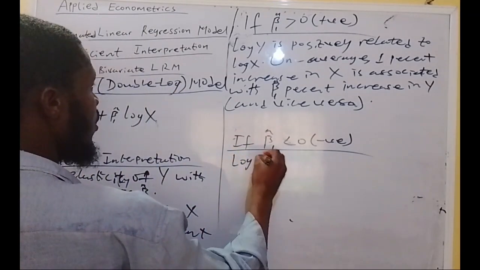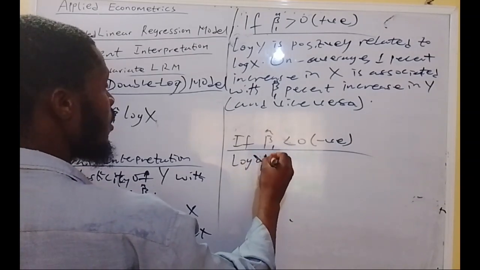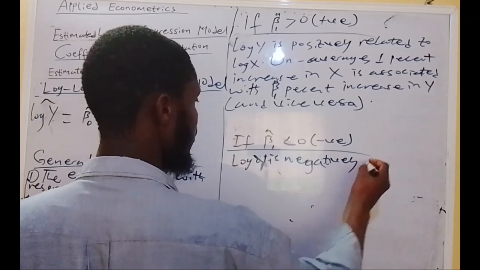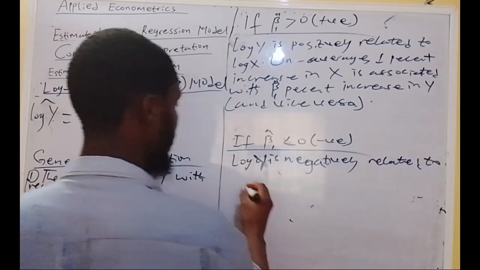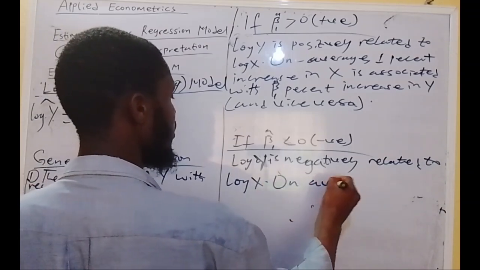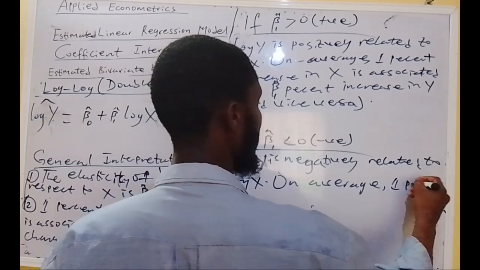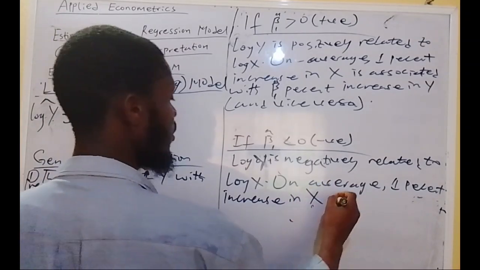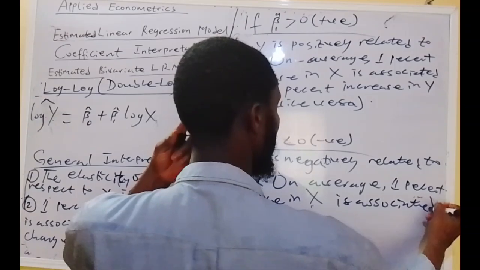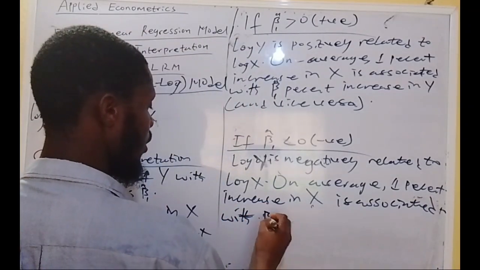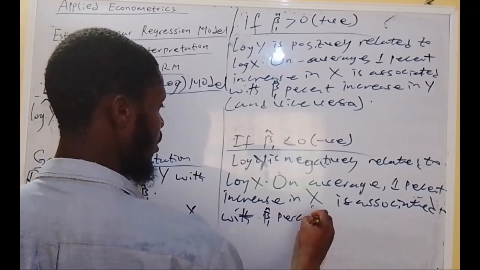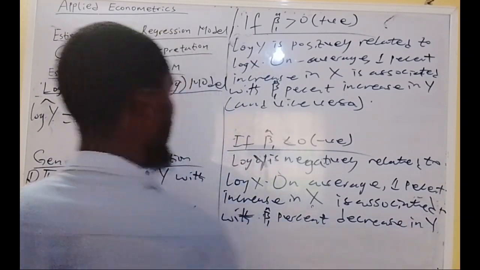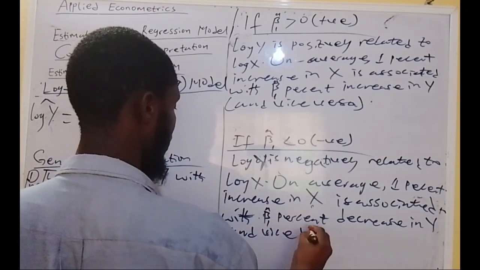The interpretation goes thus: log of y is negatively related to log of x, that is, on average, a 1% increase in x is associated with beta 1 hat percent decrease in y, and vice versa.